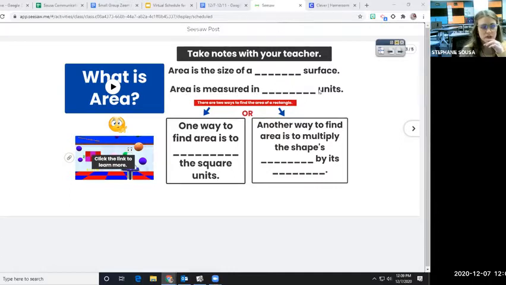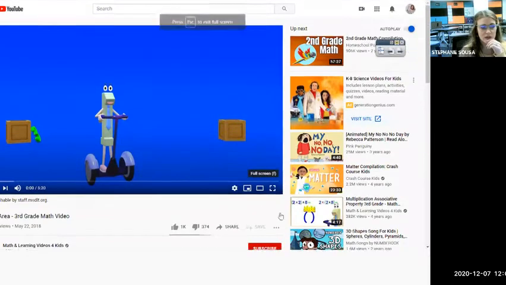Area is measured in blank units. One way to find the area is to blank the square units. Another way to find the area is to multiply the shape's blank by its blank. So we're going to listen for those statements today. See if you can catch at least two of them.